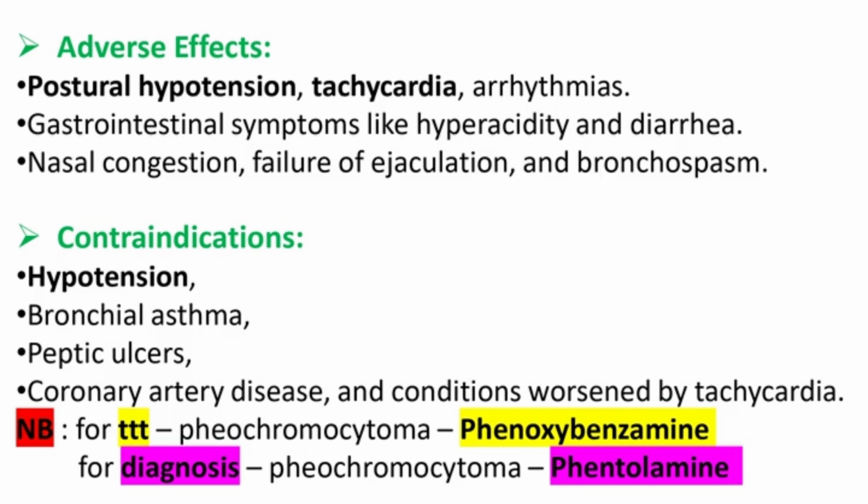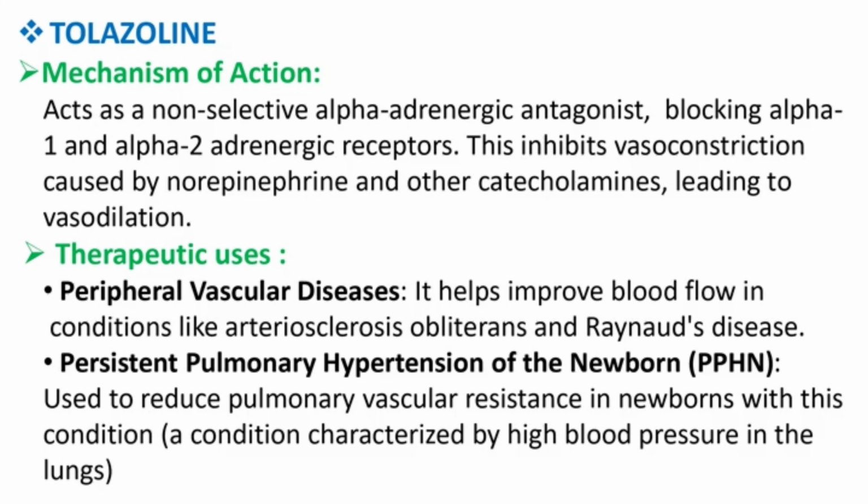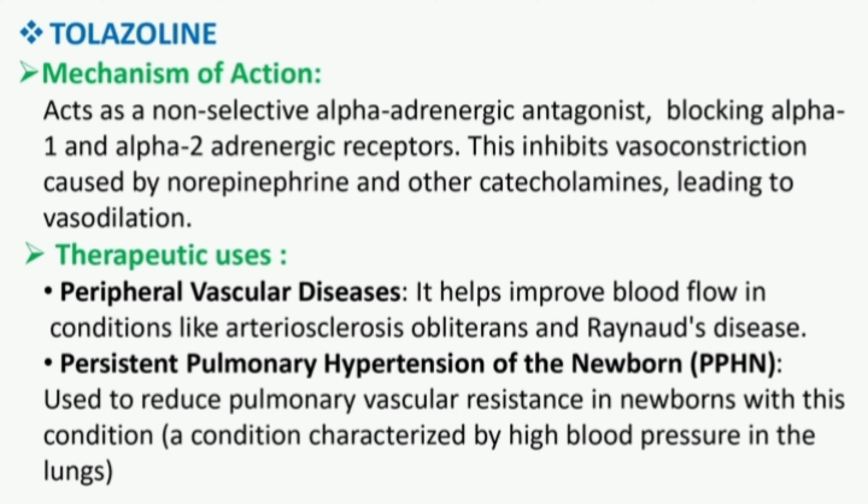And the next drug is tolazoline. The mechanism of action of tolazoline, we know, is that it's a non-selective alpha adrenergic antagonist. So it blocks the alpha-1 and alpha-2 receptors. Therapeutic uses for tolazoline, the main uses are peripheral vascular disease. In this case, we can use this drug mainly for Raynaud's disease and also atherosclerosis.